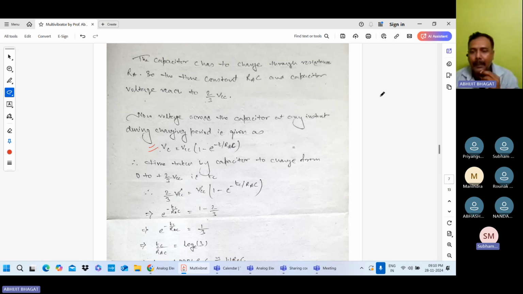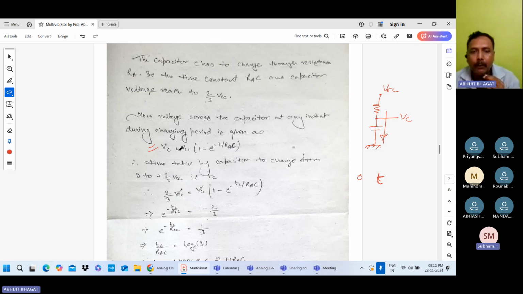Suppose this is the circuit, this is the RA, and this is the C. Here the voltage is VCC, so this capacitor is charging through this path. At a time instant t, from 0 to t, where 0 is the initial time and t is the time at which you want to find the voltage across the capacitor, the voltage is VC.